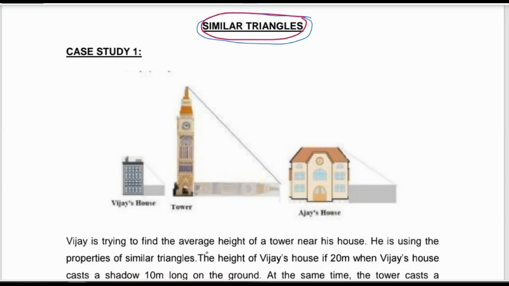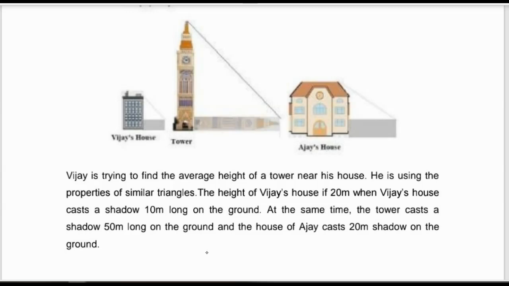The first case study of similar triangles says that there are three different buildings: one is Vijay's house, the other one is a tower, and the other one is Ajay's house.